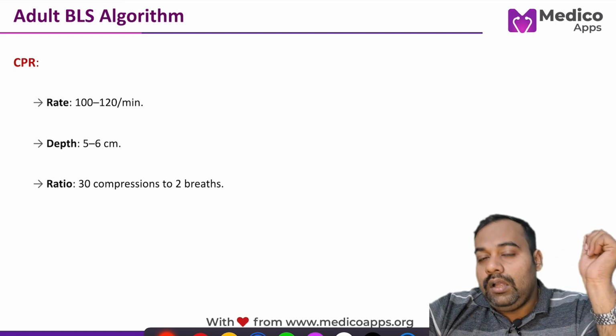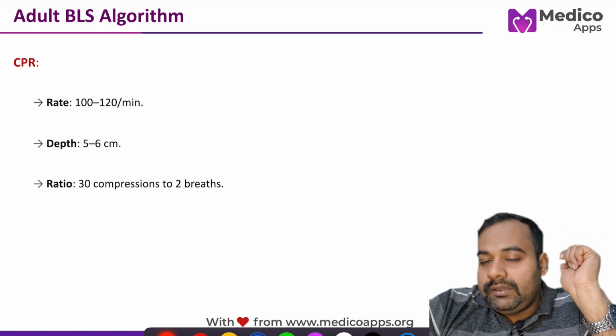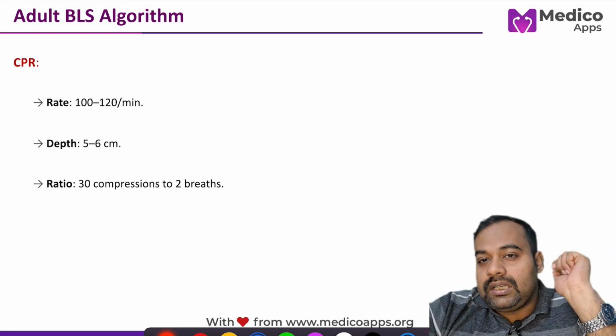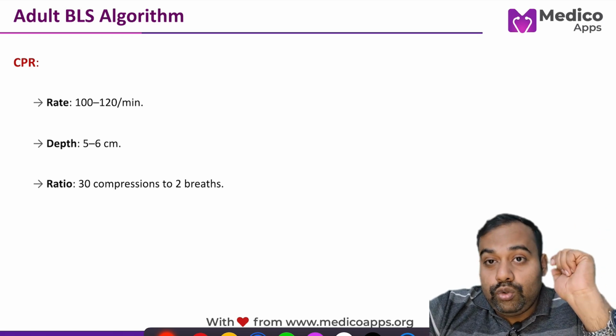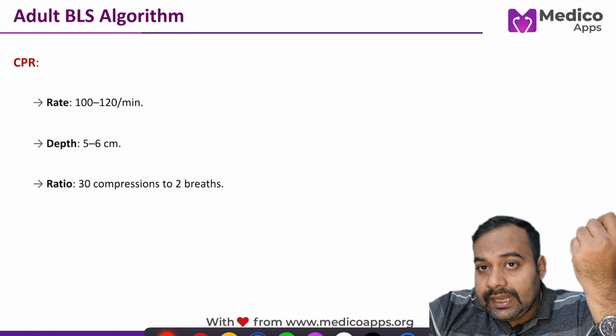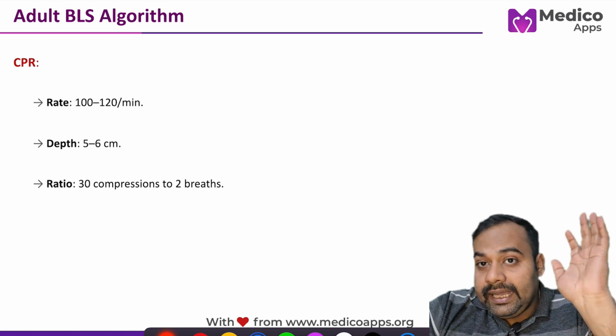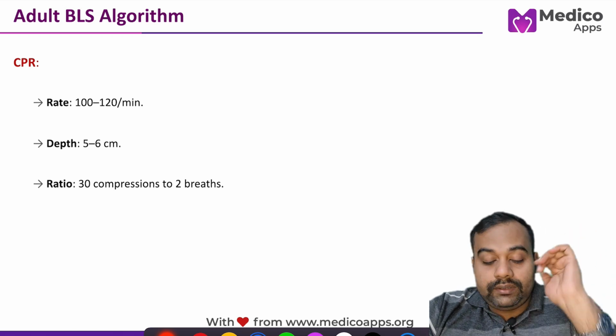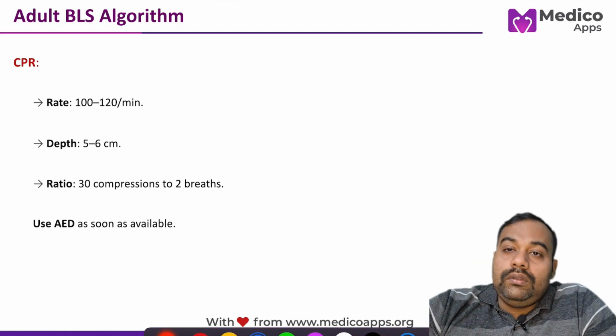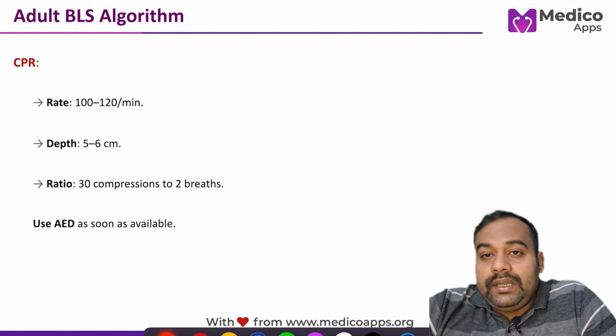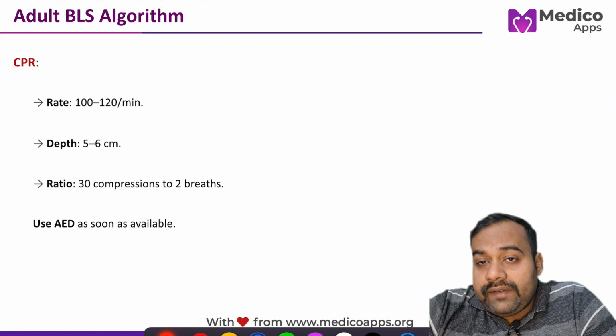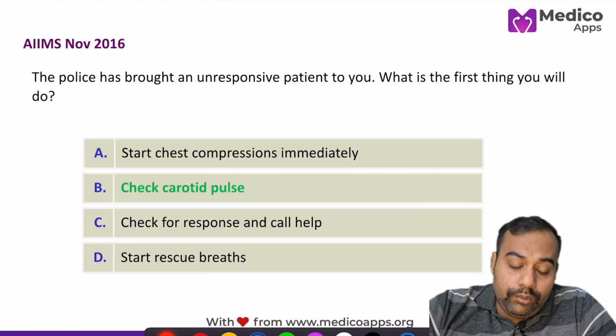If you are the sole rescuer, you must give the patient 30 compressions consecutively followed by 2 breaths, and then start again with 30 compressions. As soon as the automated external defibrillator device is available, you have to use that.